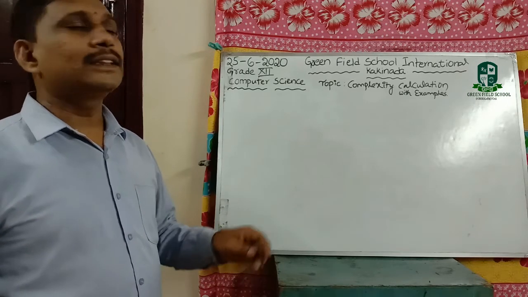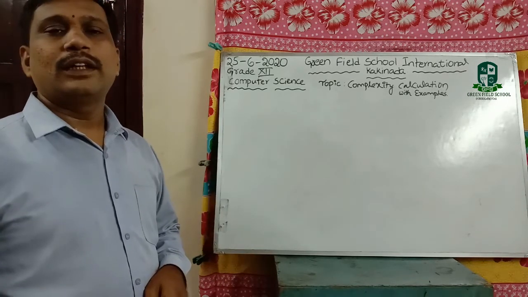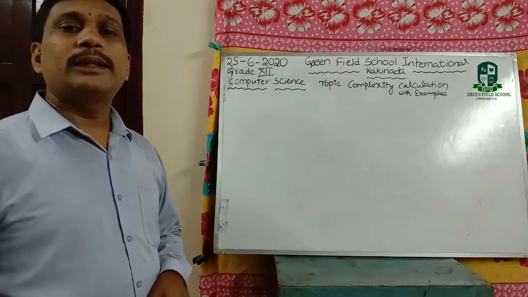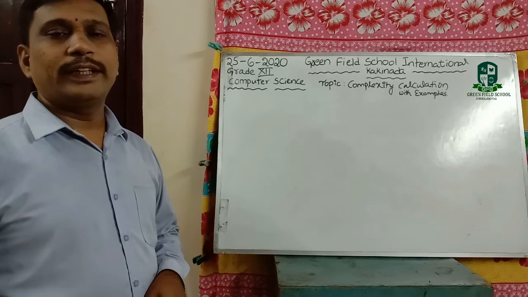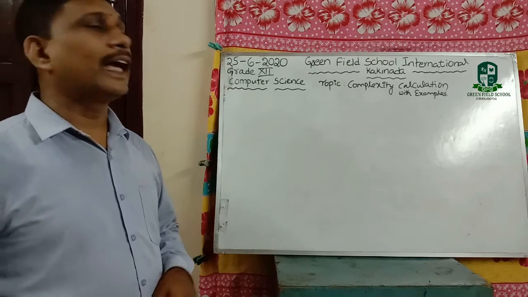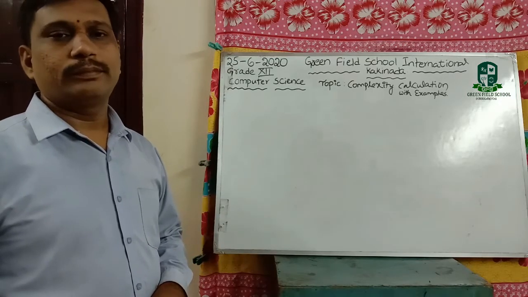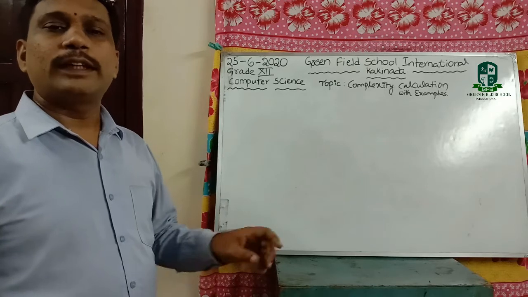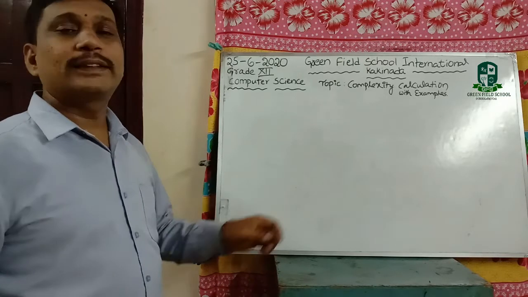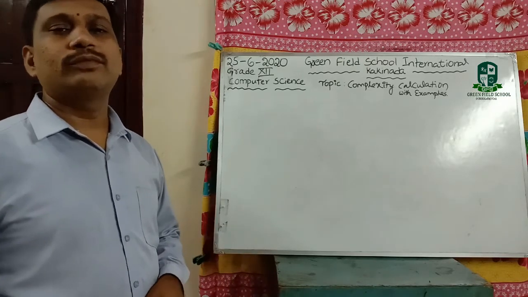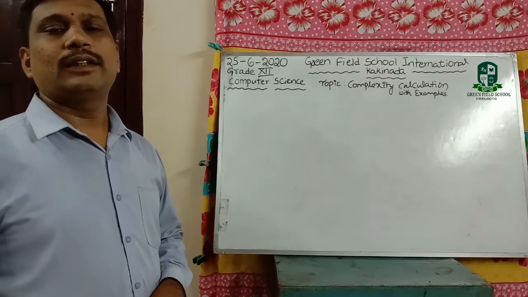Last class we discussed whether a given number is prime or not. We calculated the time complexity of that problem by using one technique. Today we discuss the same program with another technique.